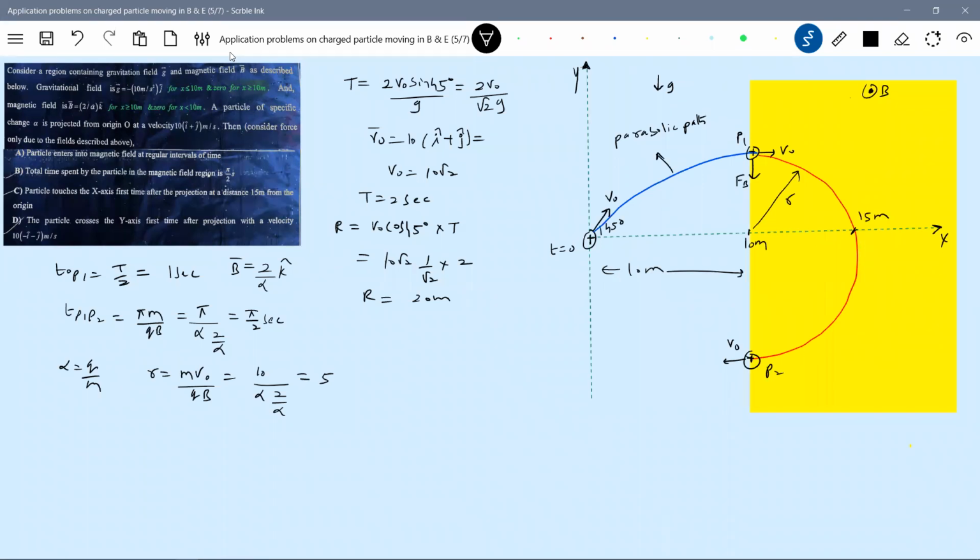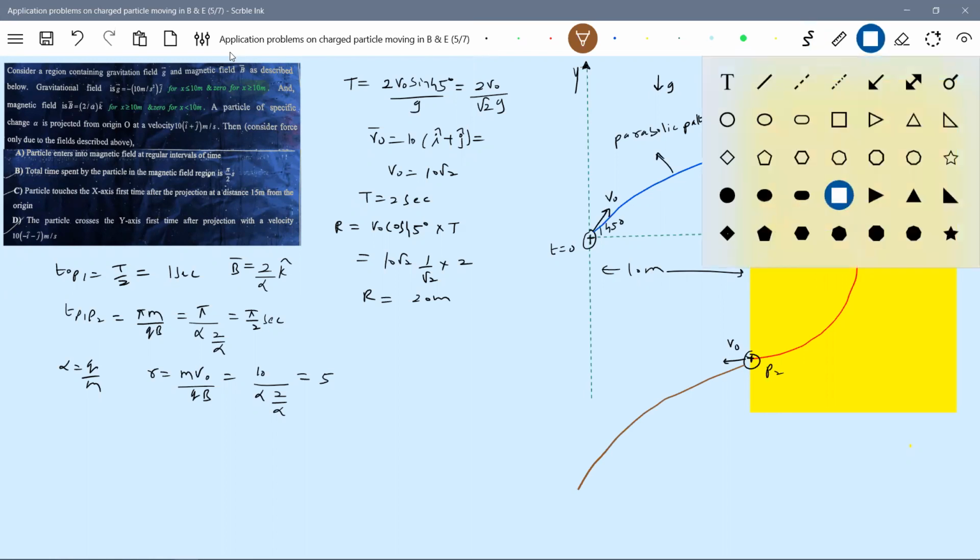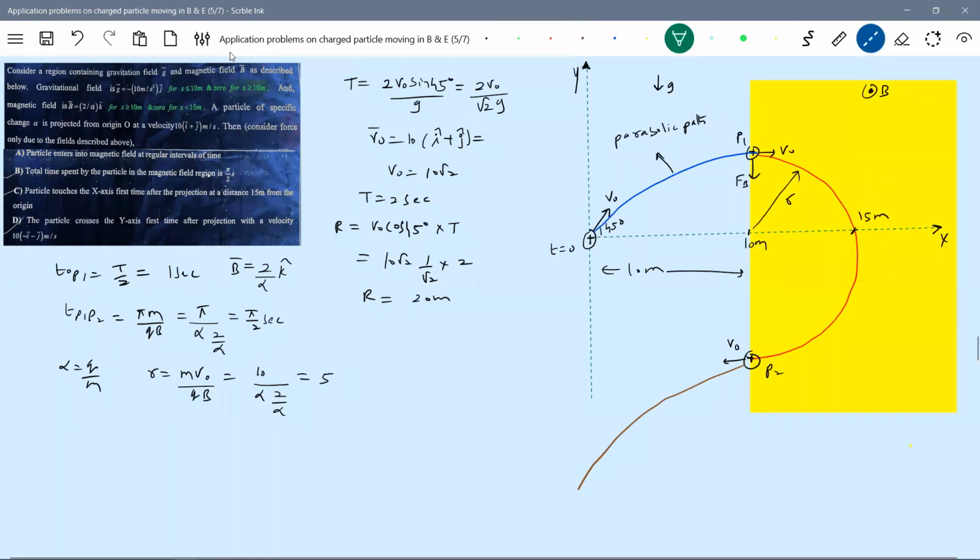The particle crosses the y-axis first time after projection with a velocity. Why after this? Oh, it is going to move in a path like this. Again, it will come like this. Again, due to the presence of gravity, it is going to describe a parabolic path.